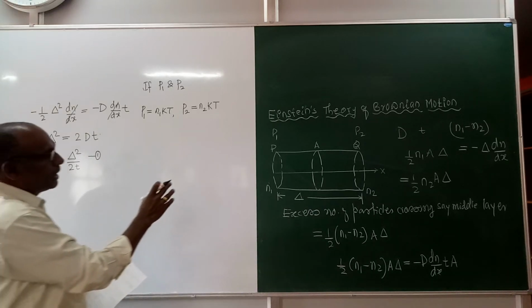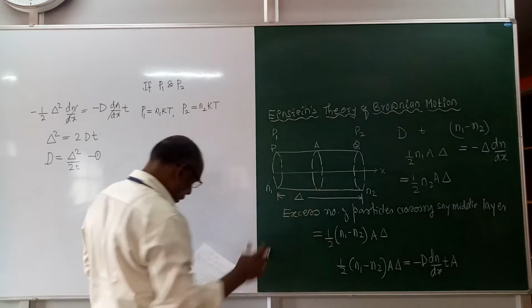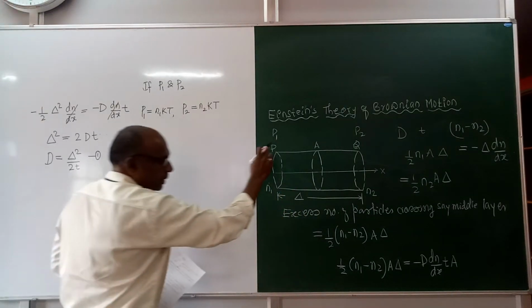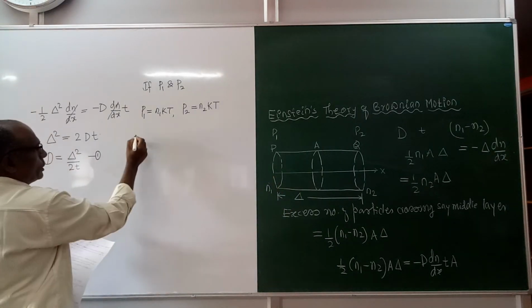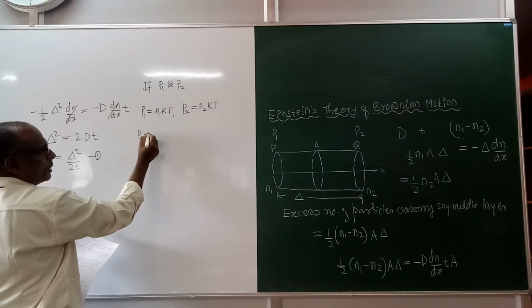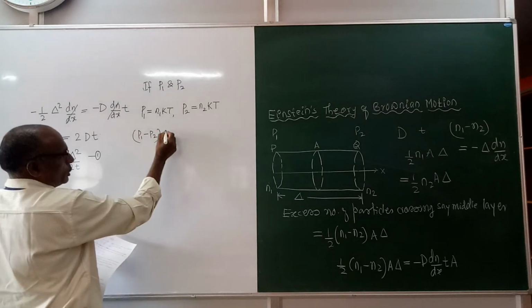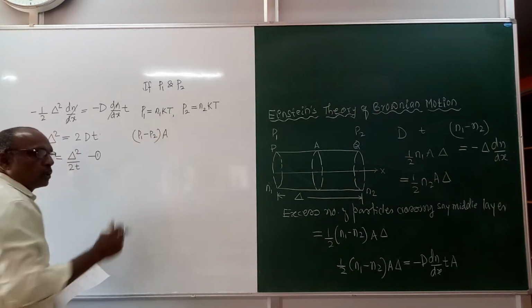This imaginary cylinder experiences a force. We know the pressure at this end and we know the cross-sectional area, so we can write P1 minus P2, the difference in osmotic pressure, into A becomes the force.